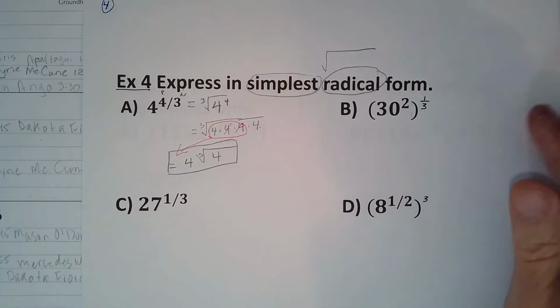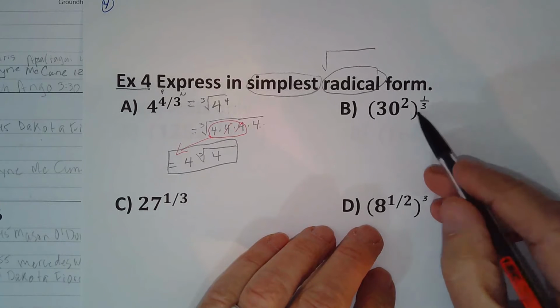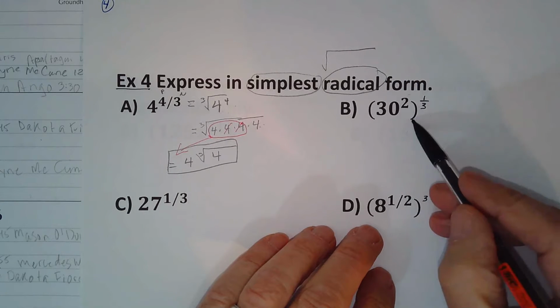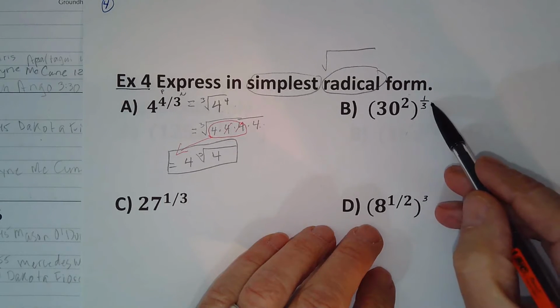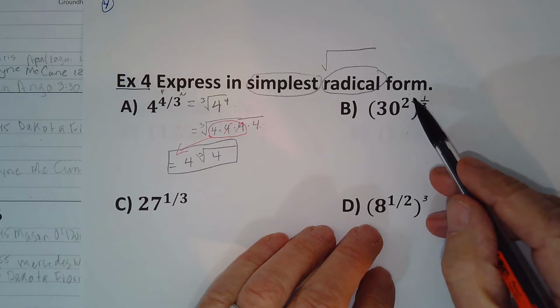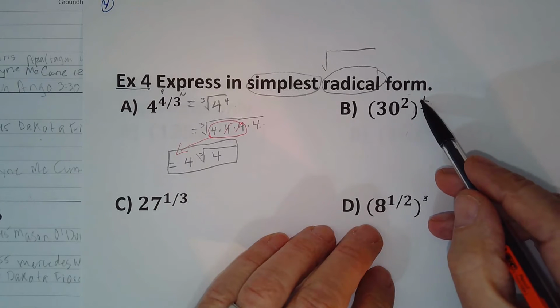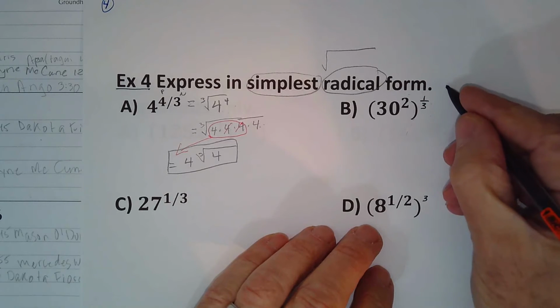All right. Now, let's look at this particular problem. You'll notice that you have 30 squared in parentheses to the 1/3. So that really means this is 30 squared to the 1/3 power. Okay? So you're going to multiply the powers.